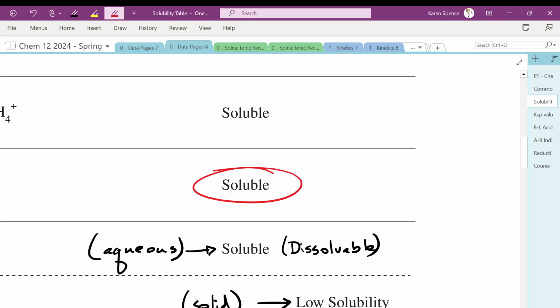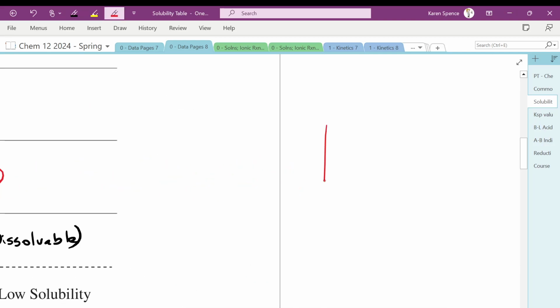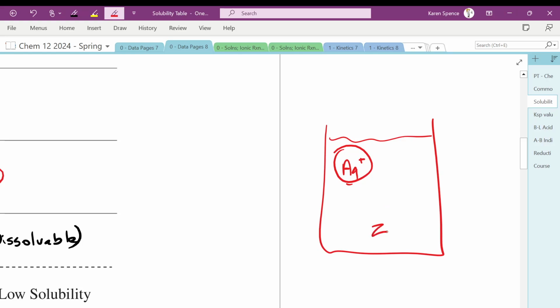So all single replacement reactions are basically going to be: I have a beaker, it's got maybe some silver ions in it, and some zinc solid, right? And it's got some nitrate ions in it. We're going to look at what happens there, but it's all taking place in water. So that's why it's going to be aqueous. Yeah, good question. All right.